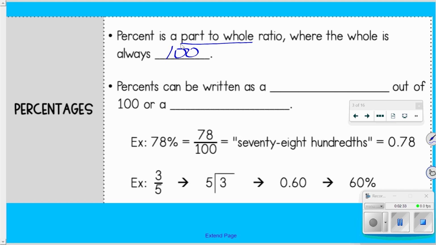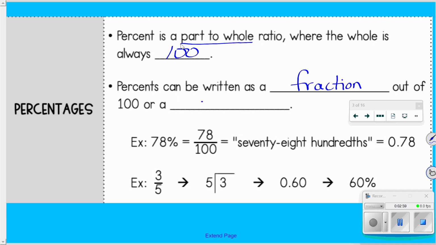Percents can be written as a blank out of 100. So how do we write it if I'm writing it out of 100? What's that format? Fraction. It will be written as a fraction out of 100. Or a decimal.